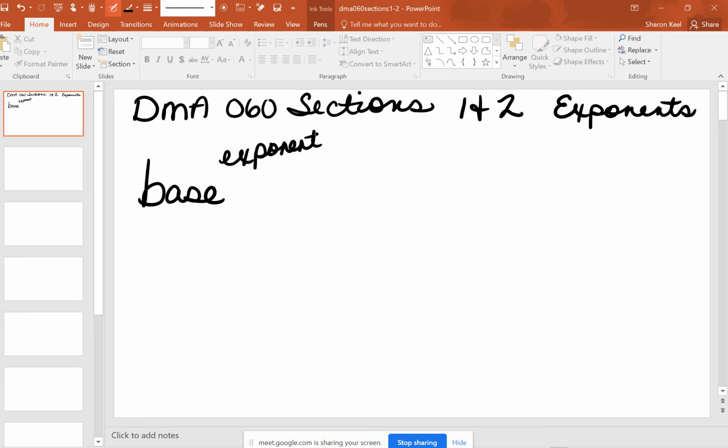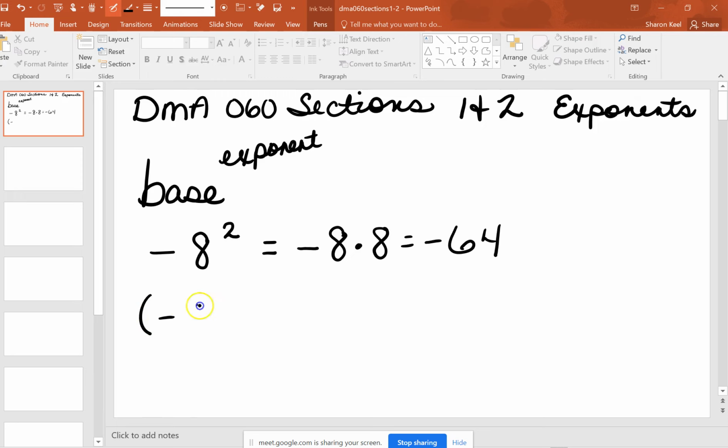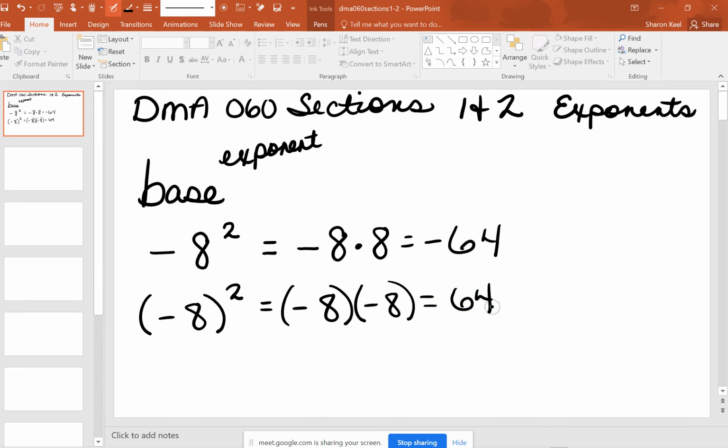If we have something such as -8 squared, in this scenario, what it means is -8 times 8, which is -64. However, if I had given you negative 8 in a parenthesis squared, that would mean we would be multiplying -8 by -8, and a negative times a negative gives us a positive 64.